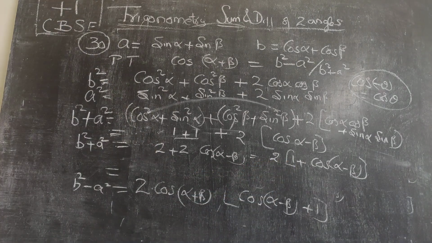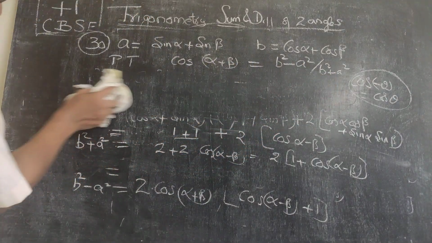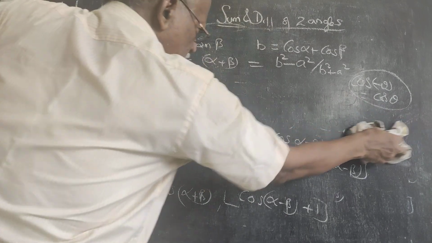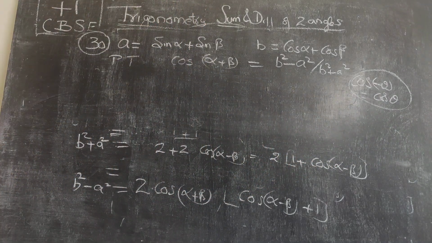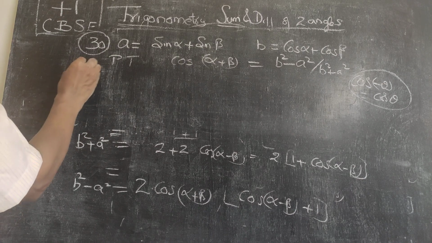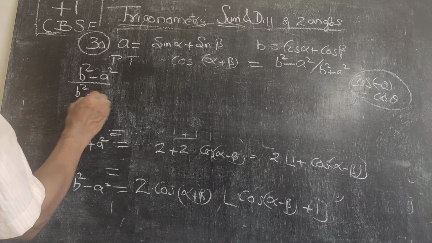Now what I want is b square minus a square divided by b square plus a square. So let me rub it off all, keeping only b square minus a square and b square plus a square. Put it here: b square minus a square divided by b square plus a square.